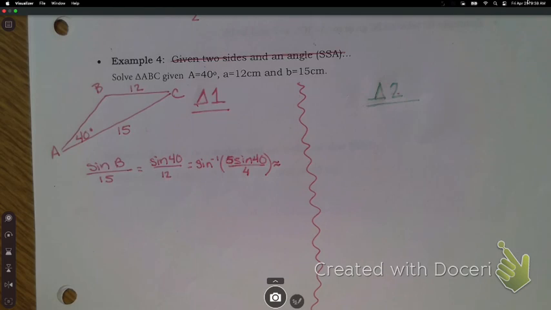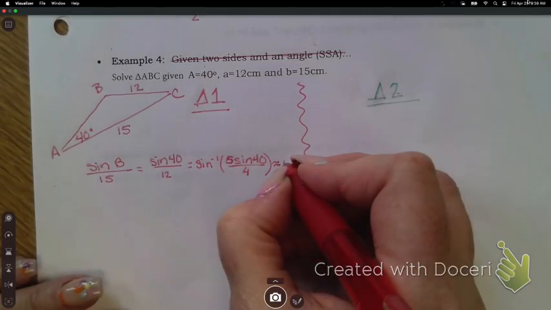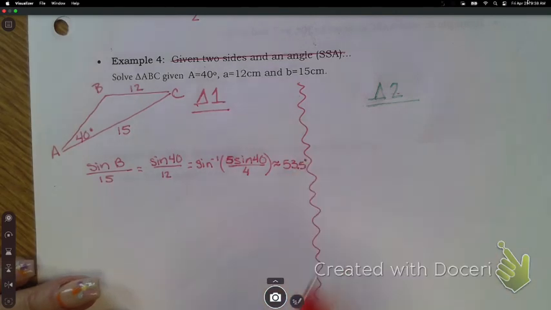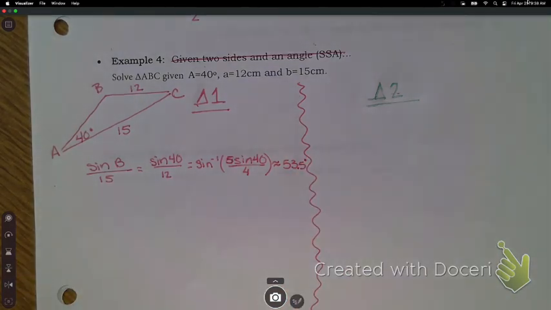Kendra, I want to check on you. How would you get? Okay. 53.5. Yes, we got you fixed. So 53.5 degrees. I did not get that. Well, what'd you do wrong? I don't know.